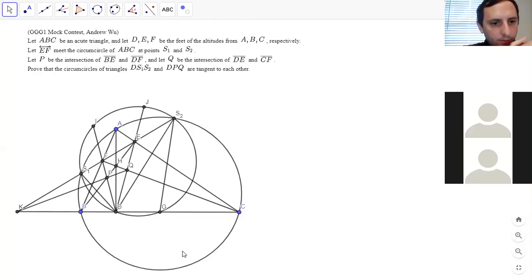So we want to show IJ is parallel to PQ. That's one way to solve the problem. So you could try to show angle PQD is angle IJD.